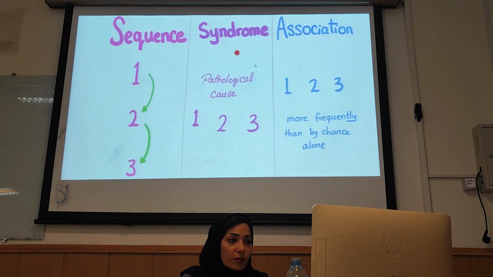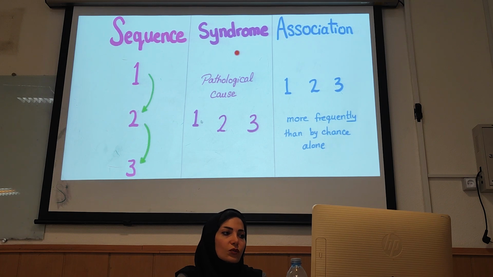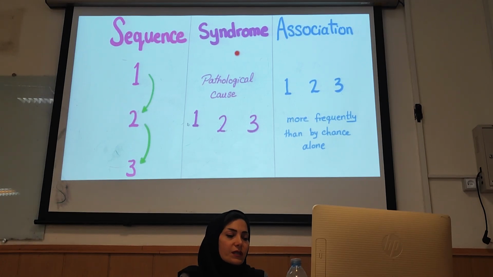But in syndrome, you have a cause that leads to 1, 2, 3 events without any cause-effect relationship between the first or second or third events. These are the differences between sequence and syndrome.